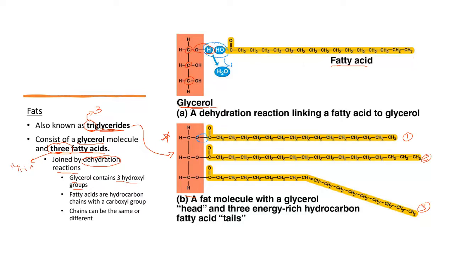Fatty acids are hydrocarbon chains with a carboxyl group. Now let's go to the fatty acid over here. It's a hydrocarbon. That means carbon and hydrogens, right? And if you look at this fatty acid here, you'll see that it's a humongous chain of hydrocarbons. Carbon, hydrogen, carbon, hydrogen, and so on.